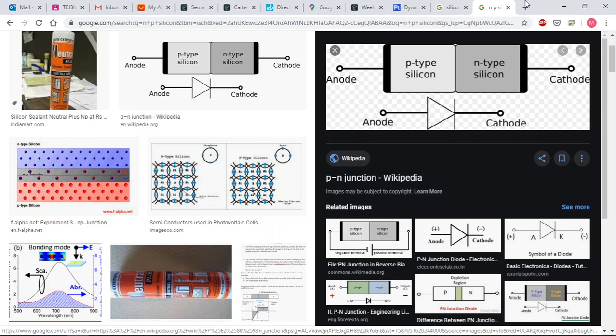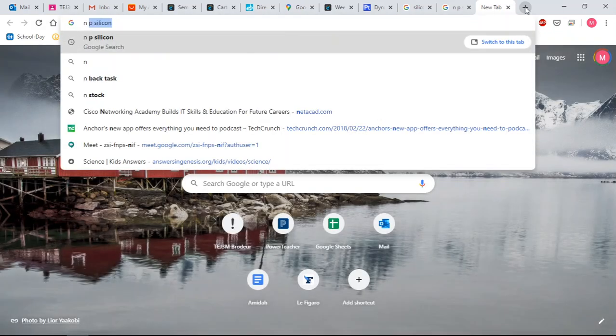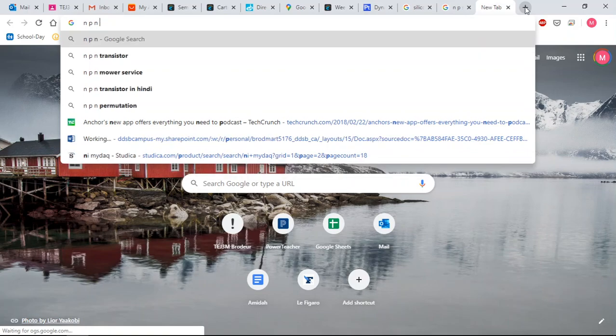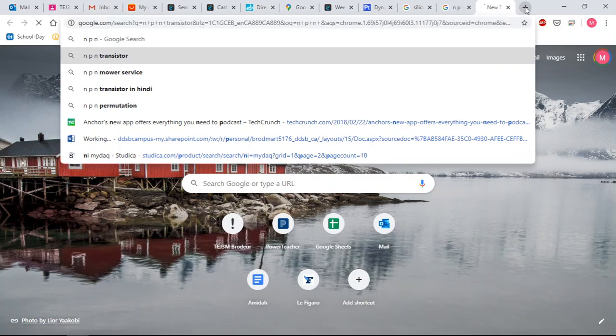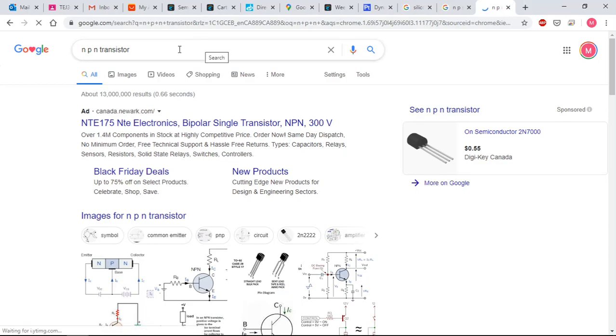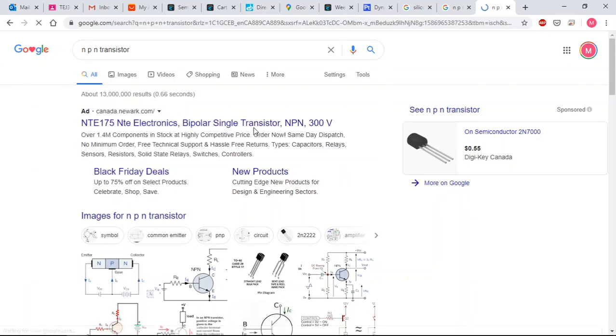Now here's the next thing we can do. Now some of you might have thought of it. If I put an N and a P and then another N, what is that going to give us? That's going to give us a transistor. And this is going to be really interesting. Let's use this drawing.